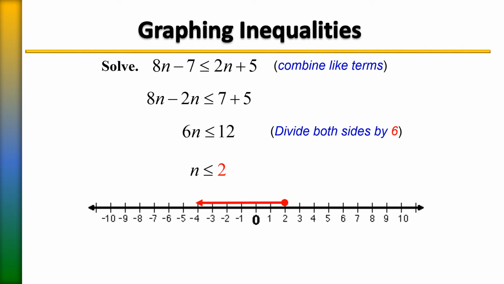To write it in interval notation form, we're going to have a bracket on this end. Whenever it includes the number, we use a bracket. And then we're going to have 2, comma, and then in the front you're going to have negative infinity, because it goes on and on to negative infinity.